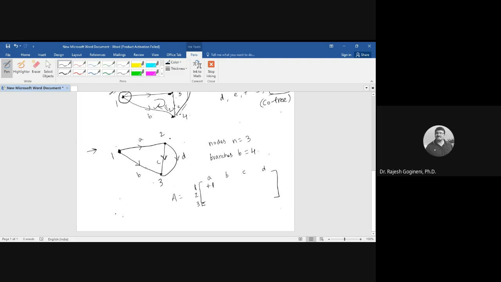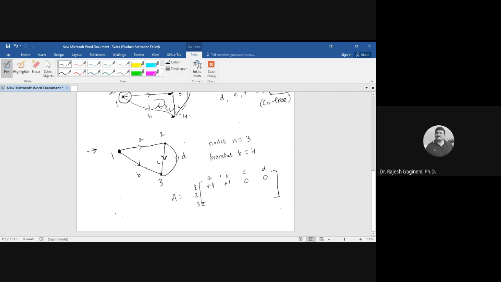Okay. So what about B? B is also leaving, +1. B is also leaving from node 1. What about C and D? Is there any incidence of C and D on node 1? No, sir. So 0 and 0.